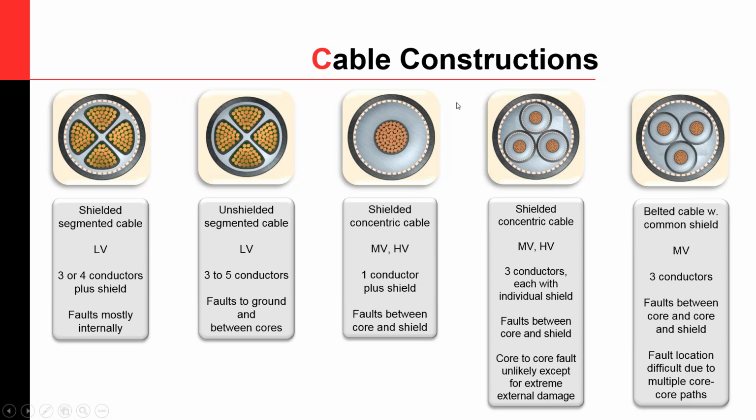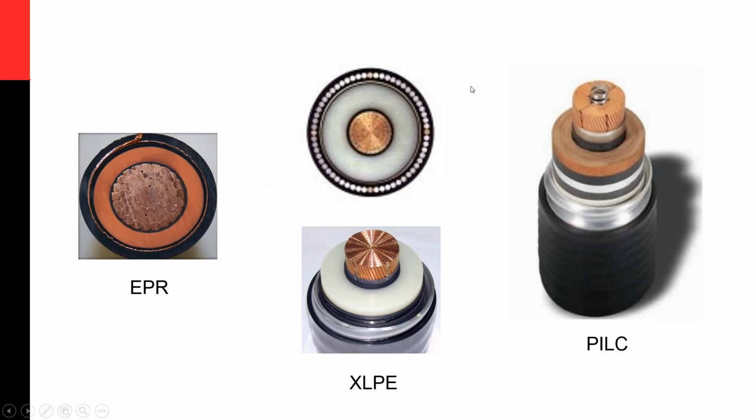So for everybody who's not familiar with that, what do I mean by this? Typically extruded cables are plastic cables, and you have two main types. You have the EPR type, ethylene propylene rubber, and you have the XLPE, the cross-linked polyethylene. And to the right, you can see the PILC cables. This is laminated insulation.